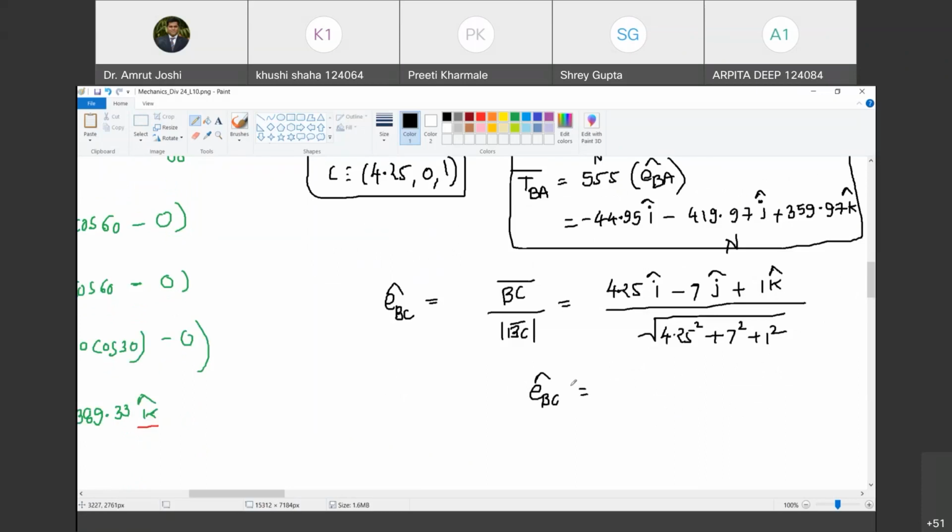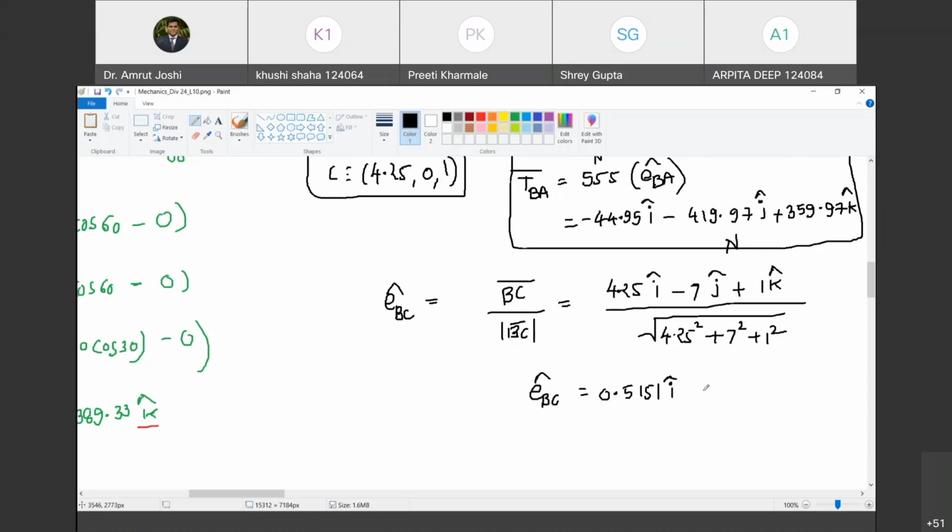BC divided by the square root of 4.25 square plus 7 square plus 1 square. Calculate. So what is x? X is 4.25 for the first. So you get it as 0.5151 I cap. Do you agree with me? Yes, sir. Is anyone else getting this? Please confirm. Yes, sir. Okay.